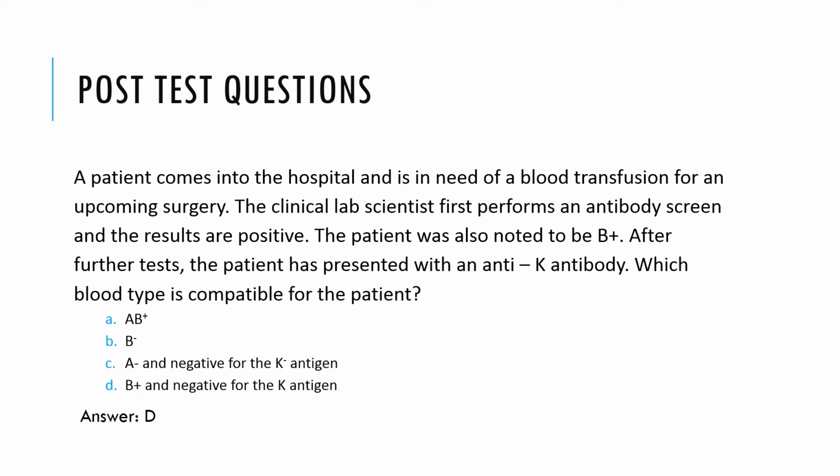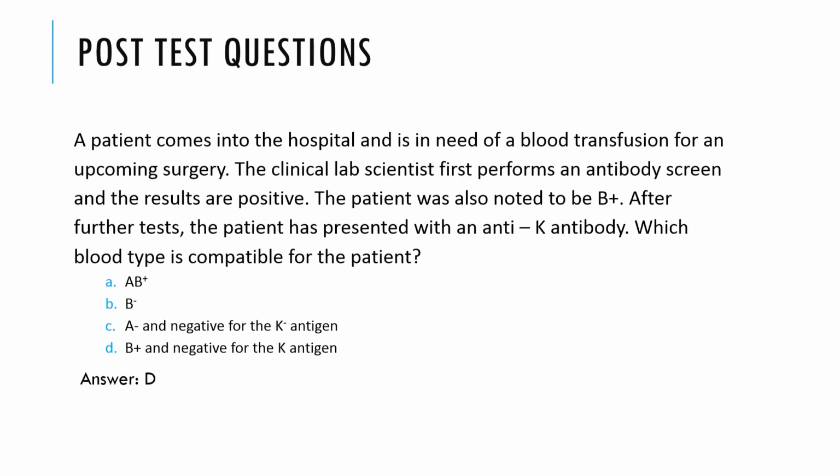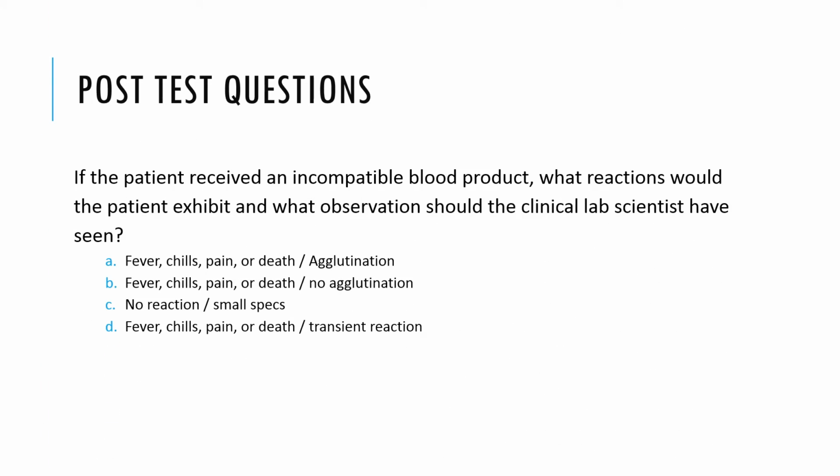The answer is D. The same process used in the previous scenarios applies to this question. Being that the patient is B positive, we would prefer B positive blood. However, the patient has an anti-K antibody, so whatever blood type given must lack the K antigen, which is answer choice D. If the patient received an incompatible blood product, what reactions would the patient exhibit and what observations would the clinical lab scientists have seen in the lab?